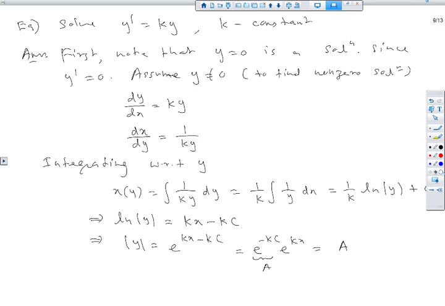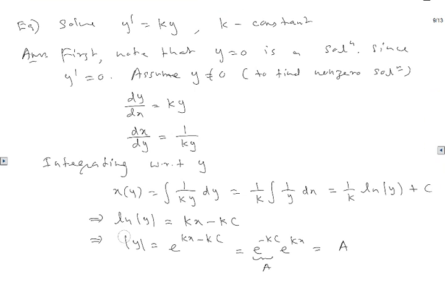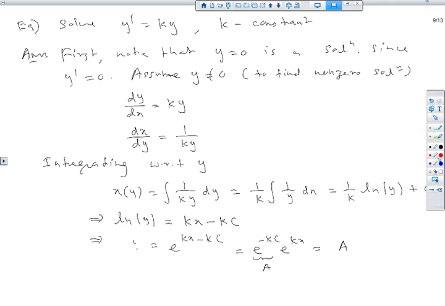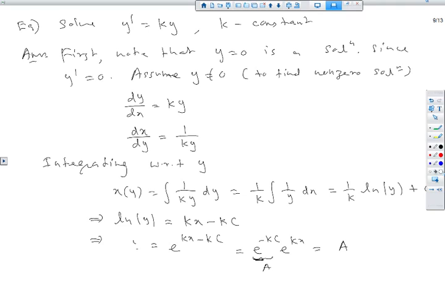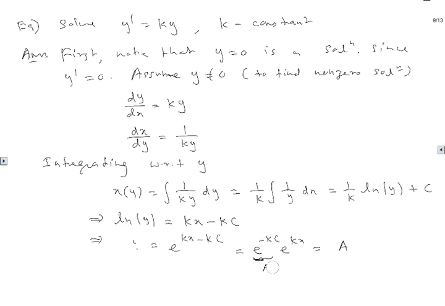When you remove the absolute value sign, you're going to get plus or minus. Actually, it would be better we do it in a different step. So I'm going to do that differently. So let's erase this.